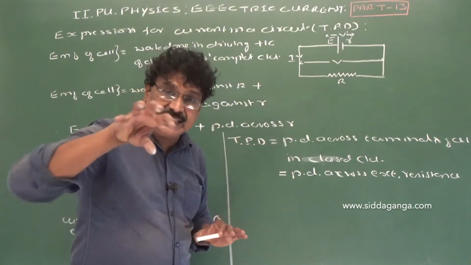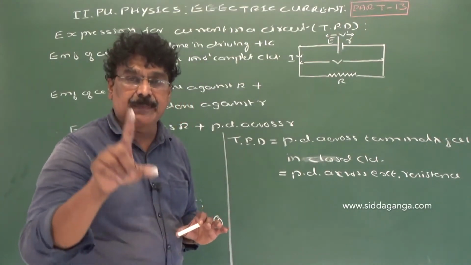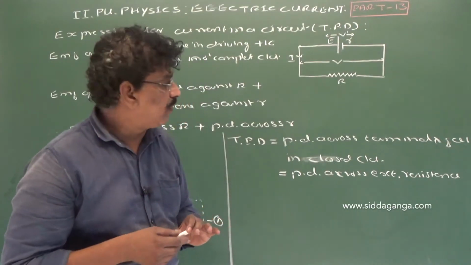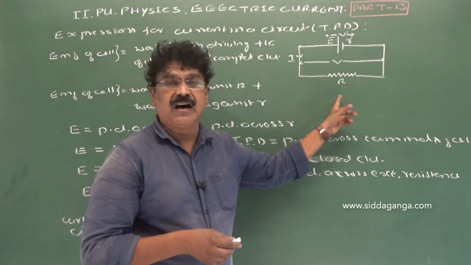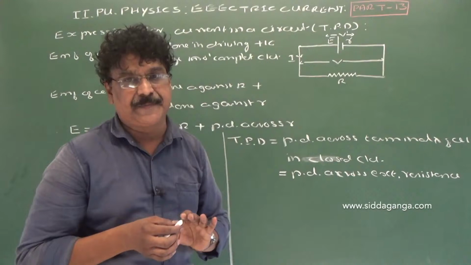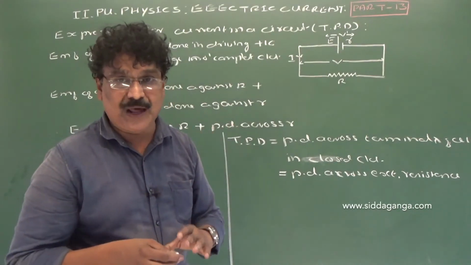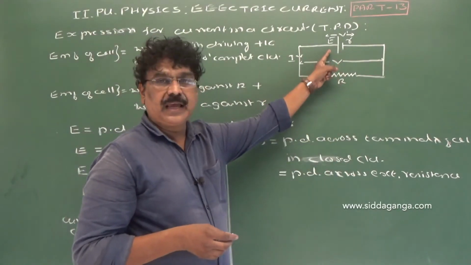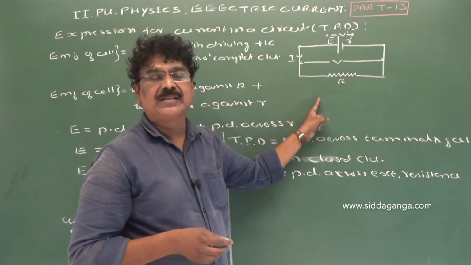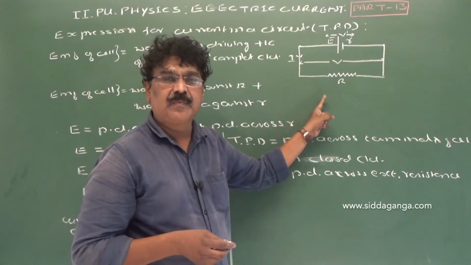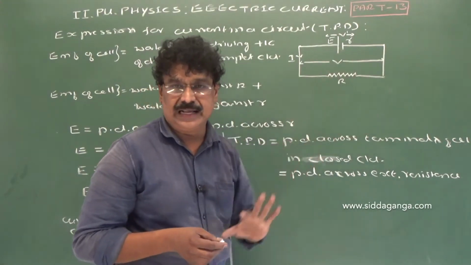So here the cell provides a potential difference for the flow of current through a conductor or resistance R. Here two conditions are satisfied to obtain electric current. One, there must be a potential difference provided by the cell, and there must be a conducting path provided by a conductor or resistor.